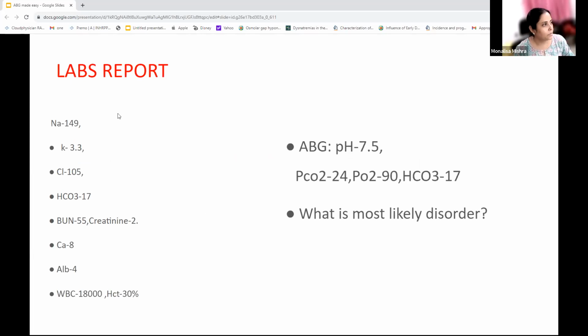So these are the lab reports. Sodium, potassium, chloride, bicarb, and this is your urea, creatinine, your calcium, albumin. And this is your ABG: pH 7.5, PCO2 24, PO2 90, bicarb 17. So what is the most likely diagnosis in this?